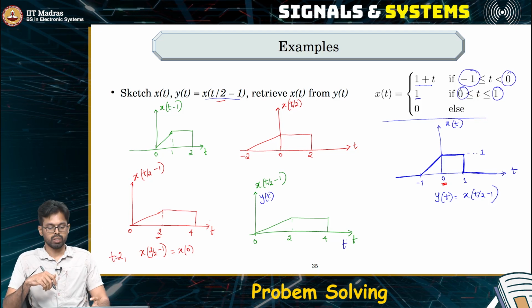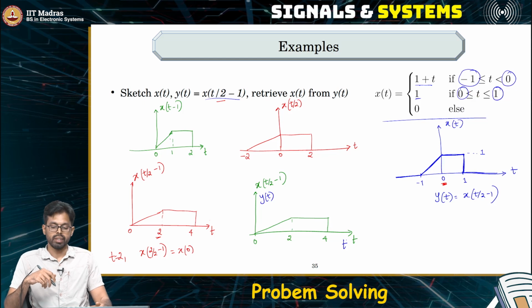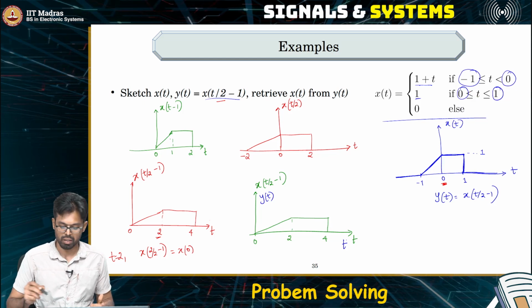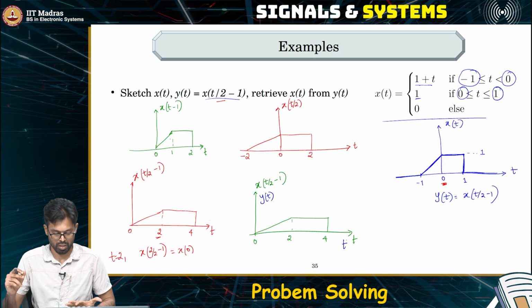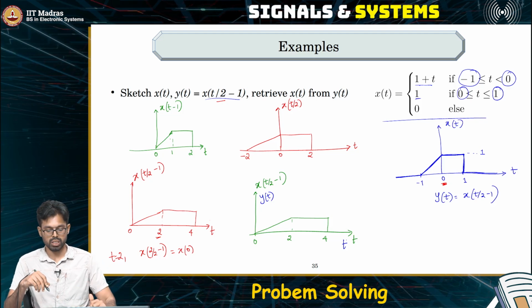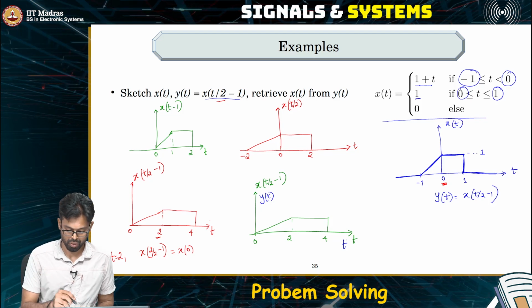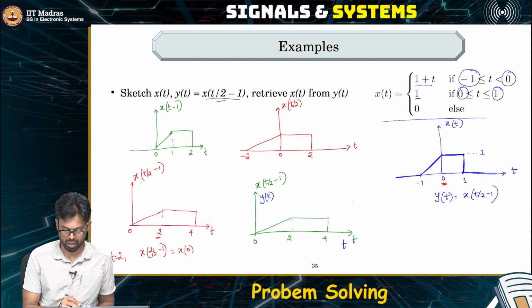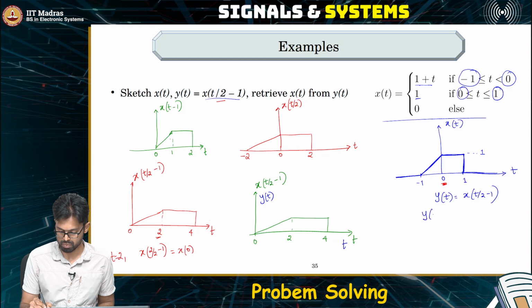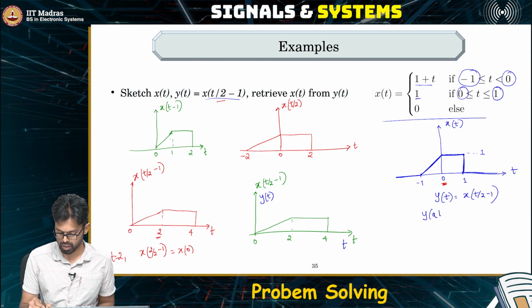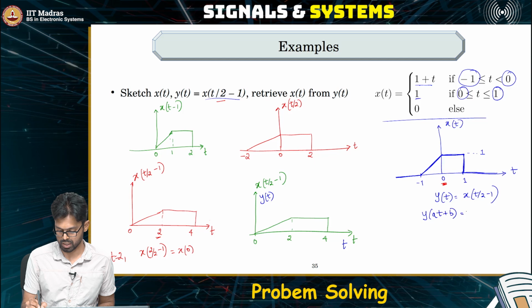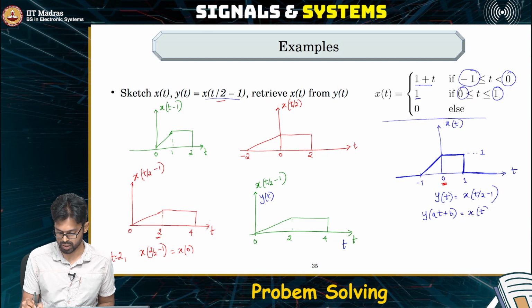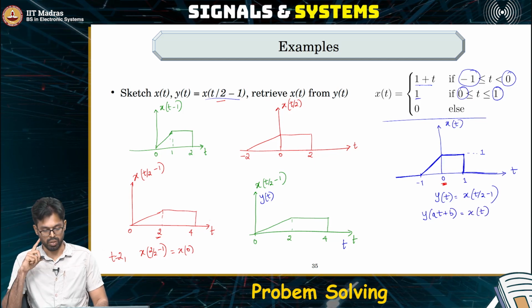Now what operation should we do on y of t such that we will get back x of t? In other words, you have to reverse this. You have to figure out some a t plus b such that this is equal to x of t. This is the reverse operation that we were talking about.